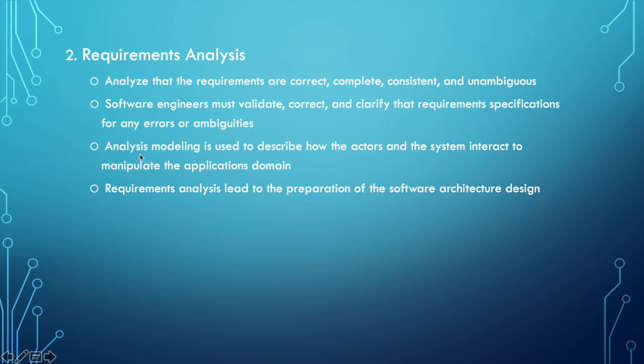So what we have to do is apply the analysis modeling and analyze how the actors and the system interact together to affect the application. How do the user and the use case interact with each other?